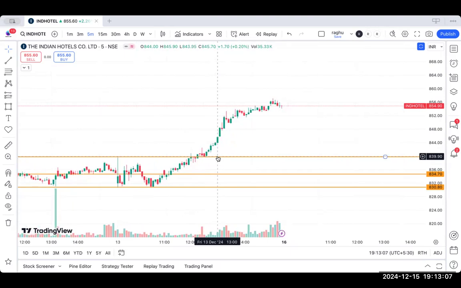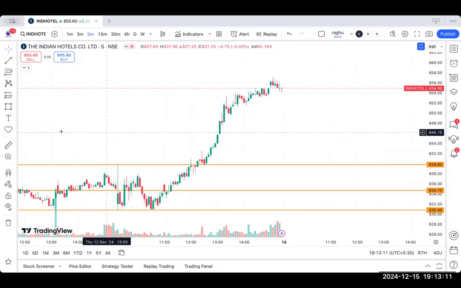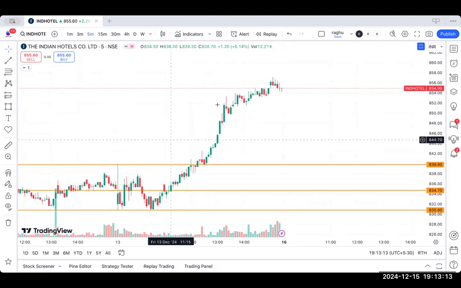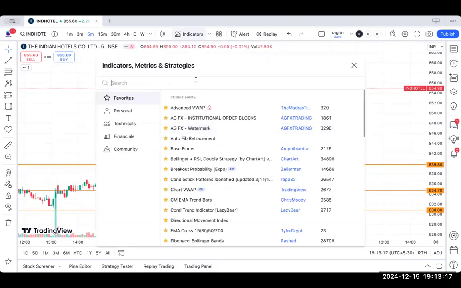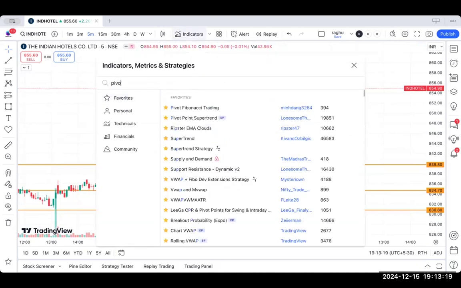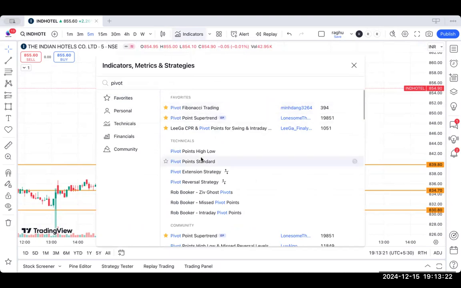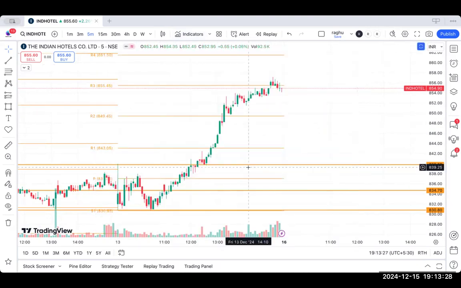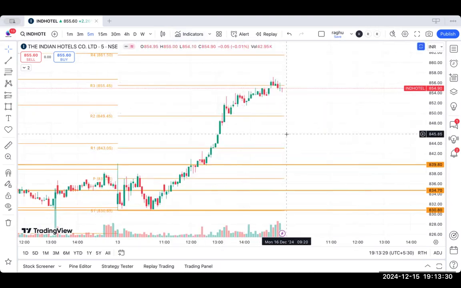You have to wait. Now, considering there are no further levels backside to check, there is one indicator called pivot standard. You can take a screenshot. So this is an indicator, pivot standard. You can add this indicator. It will give you support and resistance automatically.